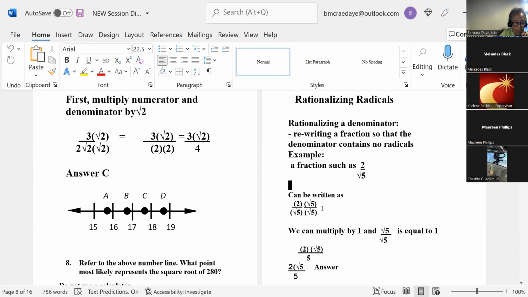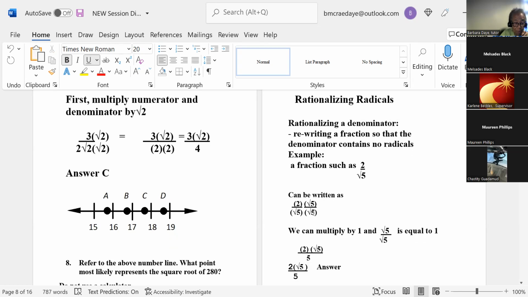So remember what I told you, the power on the square root? What's the power, Maureen? Remember what I said? It's really to the 1/2. Square root is really to the 1/2.